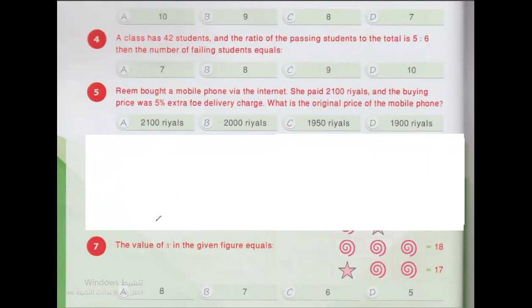I'm not sure, but maybe we're going to put 5 over 100 as a percent, and 2,100 over x, so maybe then we're going to do multiplication. Are we going to put 5 over 100 because it's a percent?